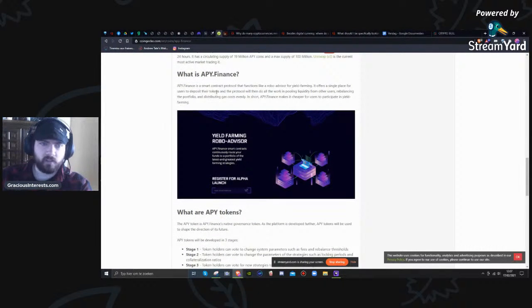So what is it? A smart contract protocol that thinks like a robo-advisor for yield farming. I'm going to highlight this and give a little explanation here. For those who do not know, yield farming is something which is frequently encountered in decentralized finance.